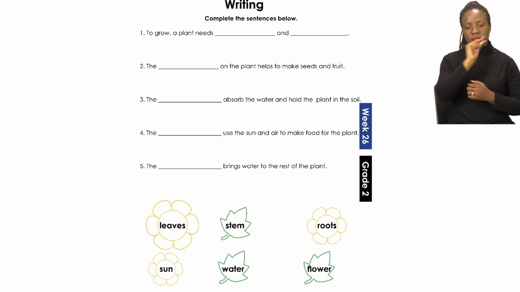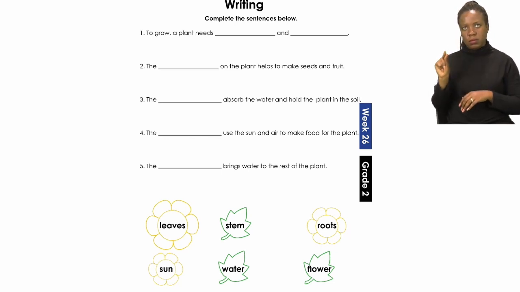For the first sentence, there are 2 missing words that you have to fill in. For the second up to the 5th sentence, you only have to fill in 1 missing word. At the bottom of the page, you will see the 6 words given to you that you have to fill in to complete the sentences.